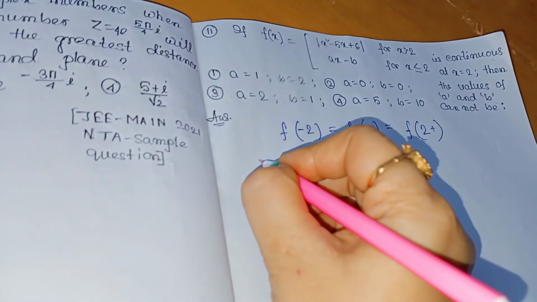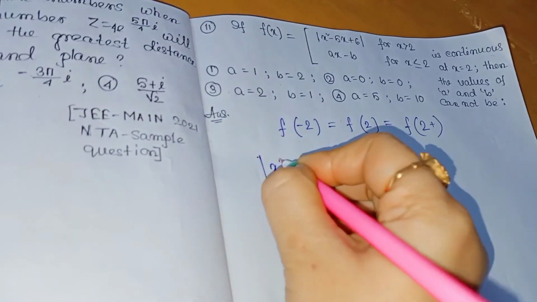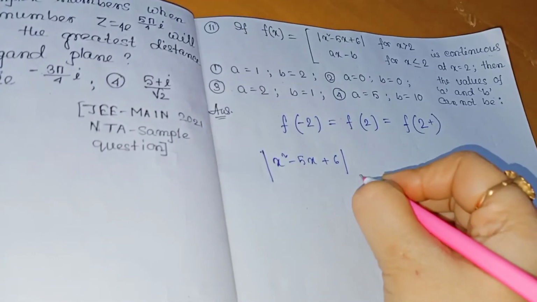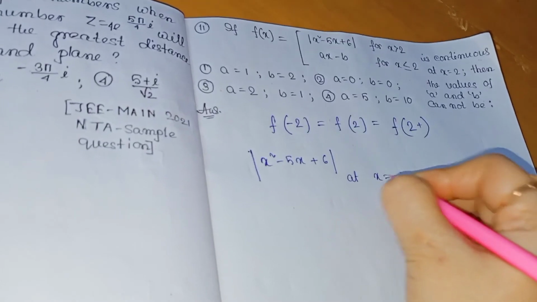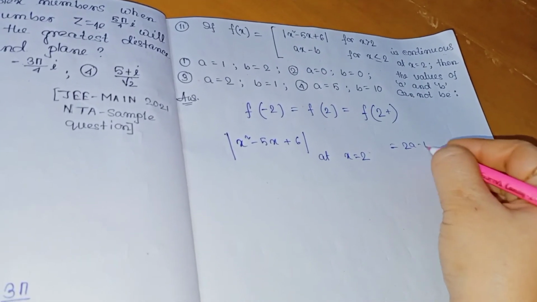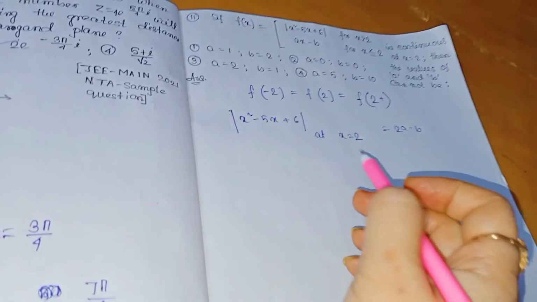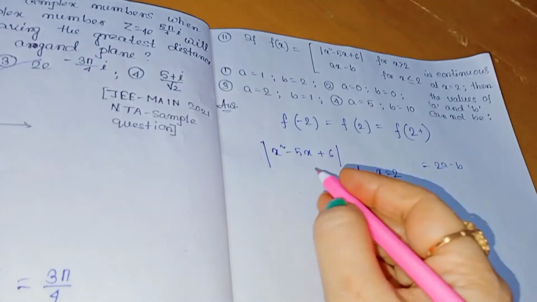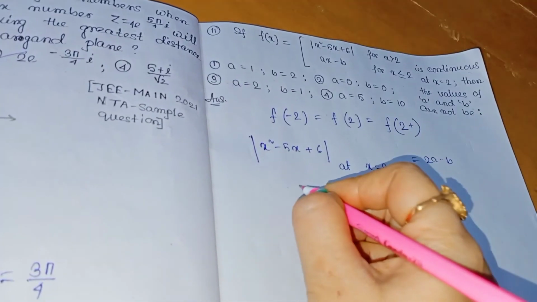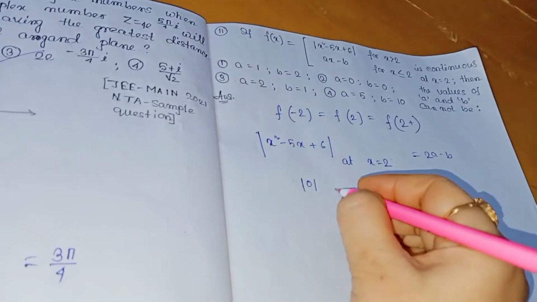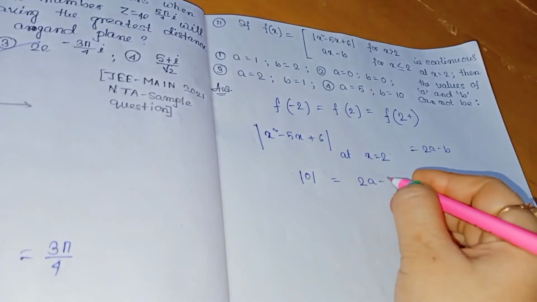Now given is x square minus 5x plus 6. So at the point x equal to 2, this becomes 2a minus b. So if we take mod of 0, that is equal to 2a minus b.